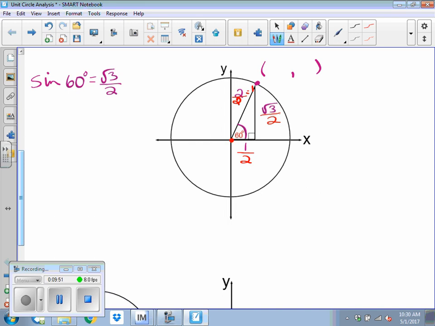Now remember, this is my x value, and this is my y value. So square root of 3 over 2, that's the same thing as my y value. So the sine of 60 is square root of 3 over 2. And at that angle, your y coordinate is square root of 3 over 2.